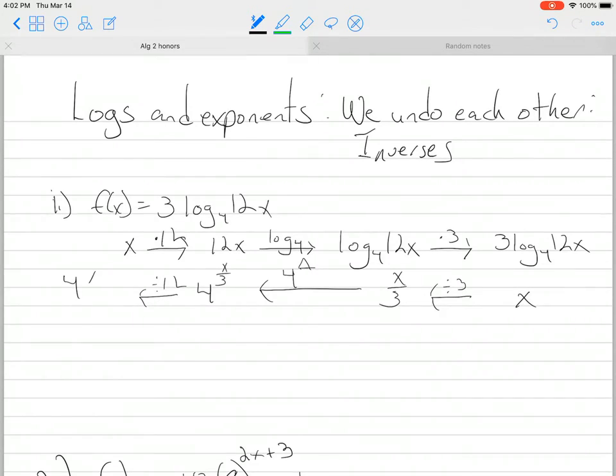Let me make that clear: 4 to the x over 3, and that whole thing divided by 12. Okay. So I get my inverse, which is f inverse of x is 4 to the x over 3, over 12.